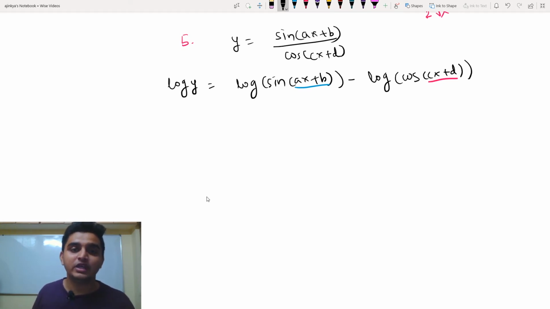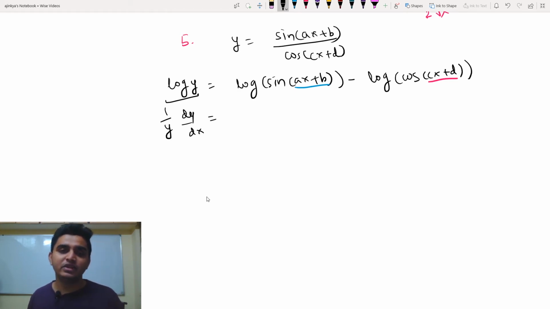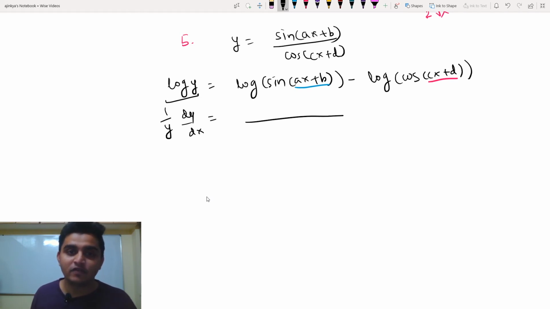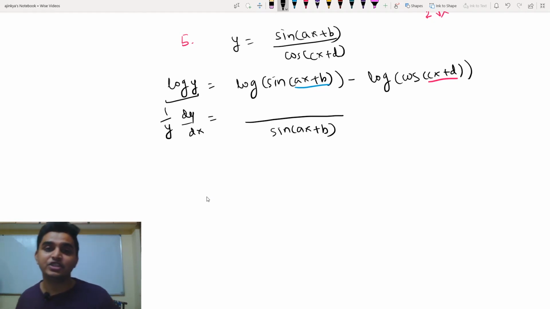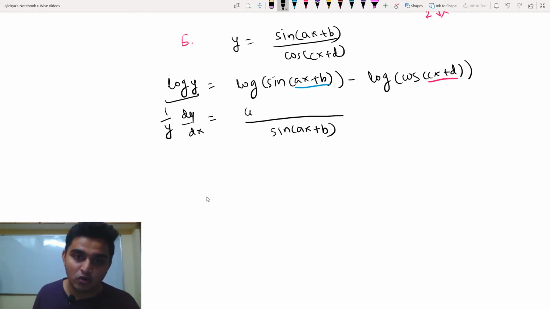We know that differentiation of log of any f of x is 1 upon f of x, which is 1 upon y, times dy upon dx. And now you just need to differentiate these functions. So log of sine ax plus b differentiation will be 1 upon sine of ax plus b, but we need to again differentiate sine, which is cos of ax plus b.